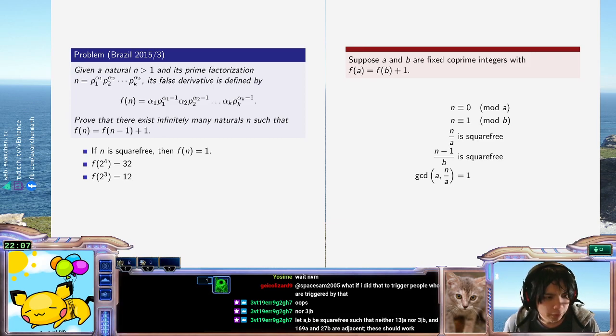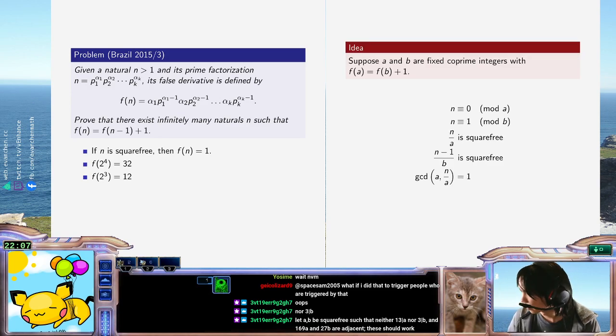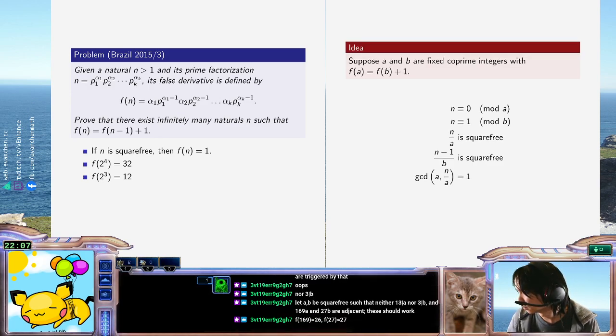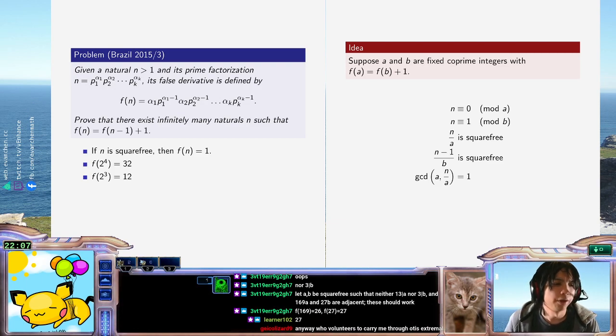So 169 you're telling me is the cube. No, 13 squared gets you 26, but f of 27 is... no, 27 doesn't work, right? Oh, it's 26 and 27.